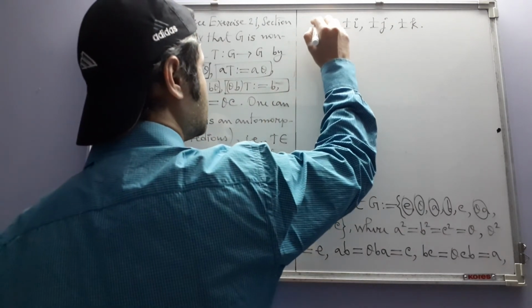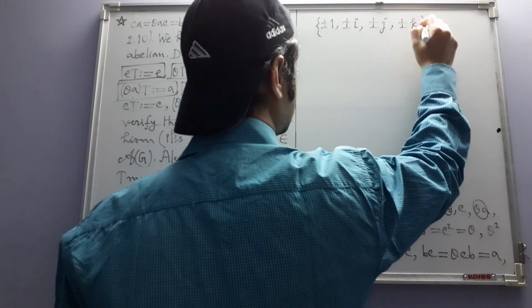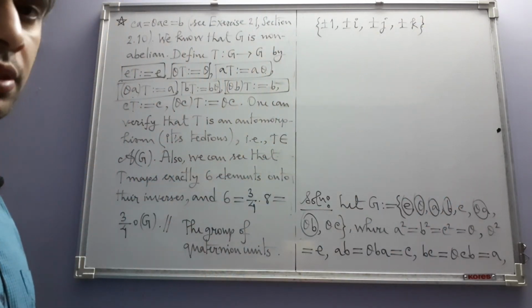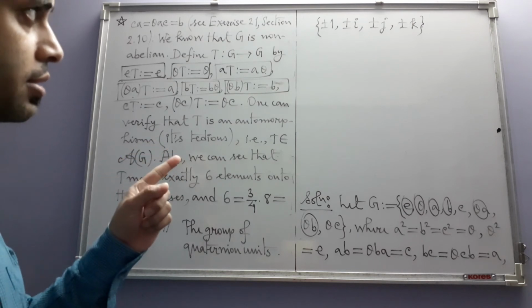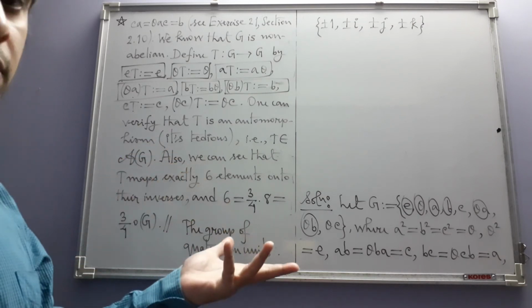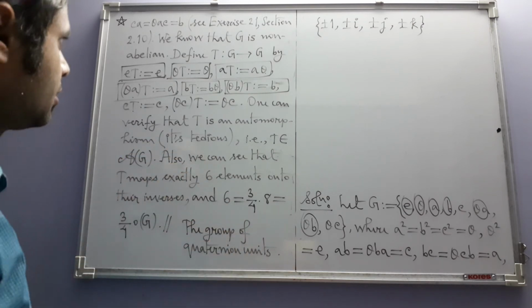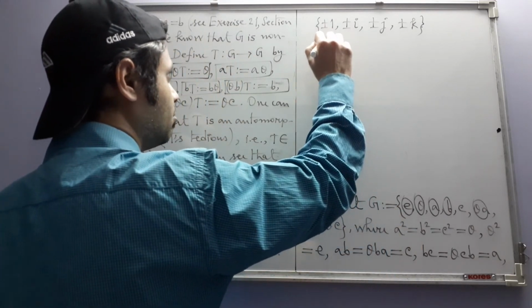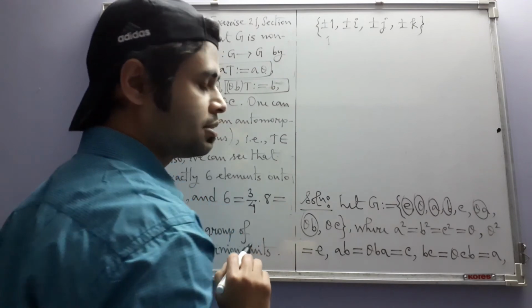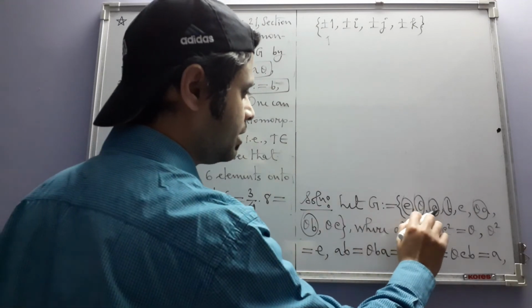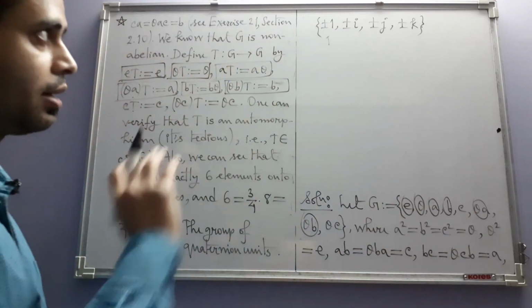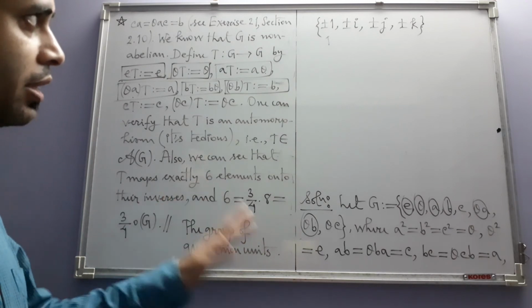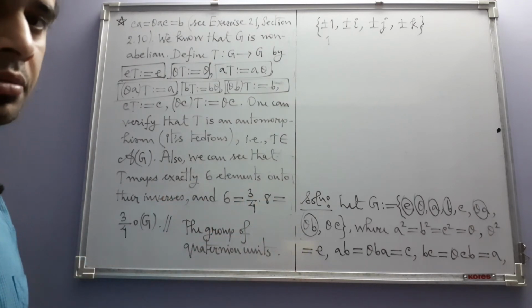If one restricts the multiplication operation of the ring of quaternions on this set, then it becomes a group, and E here is actually 1 and theta is -1, and this A, B and C are I, J and K. So theta A, theta B and theta C are -I, -J and -K.